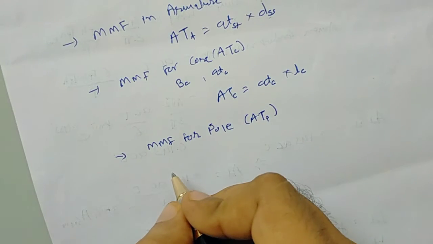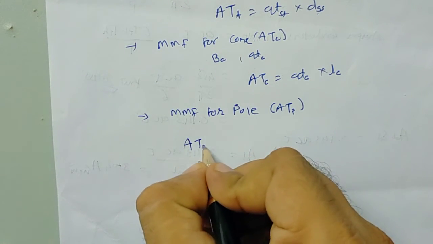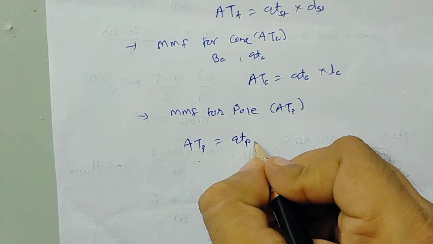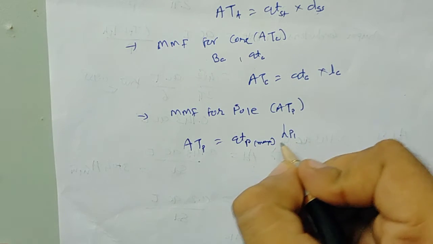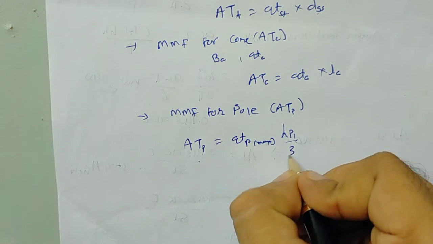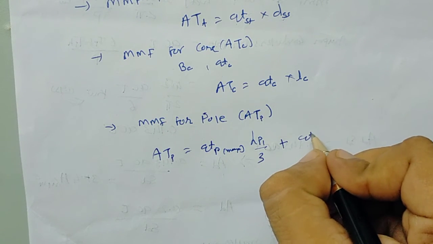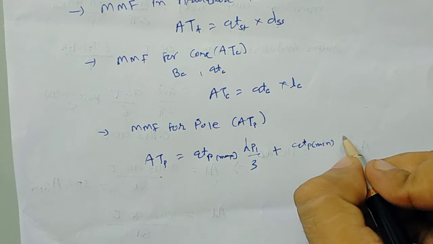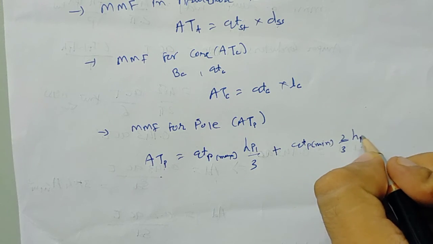So that can be calculated as the ampere turn of the pole. It is considered as a maximum value for the 1/3 part of the height of the pole, plus the ampere turn of the pole minimum value, which we consider for 2/3 of the height of the pole.